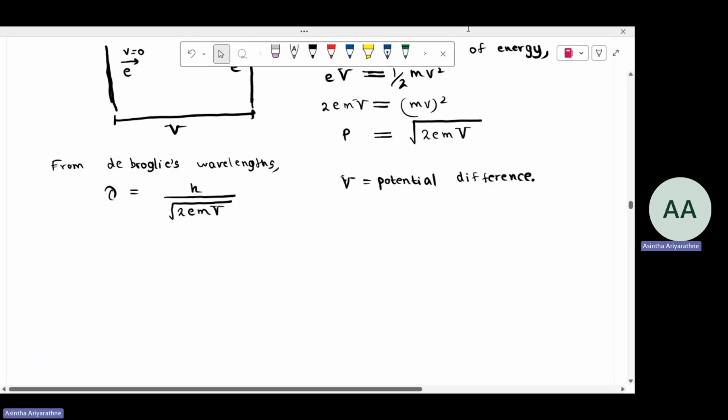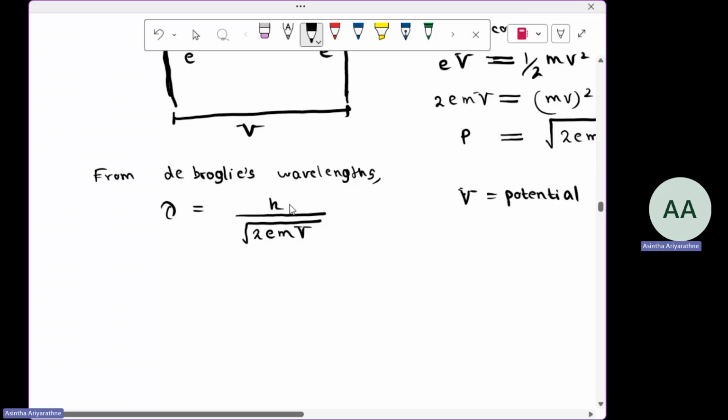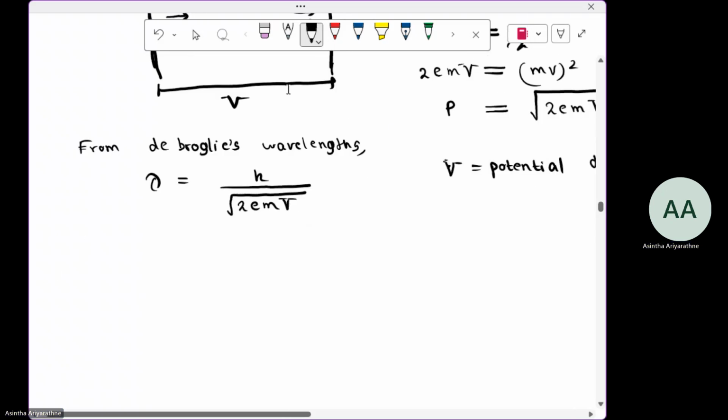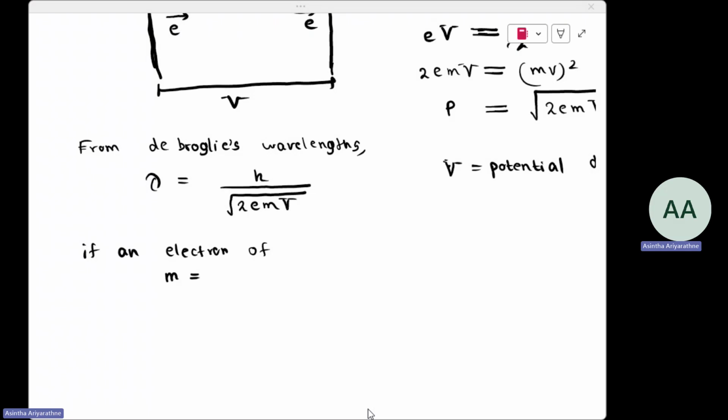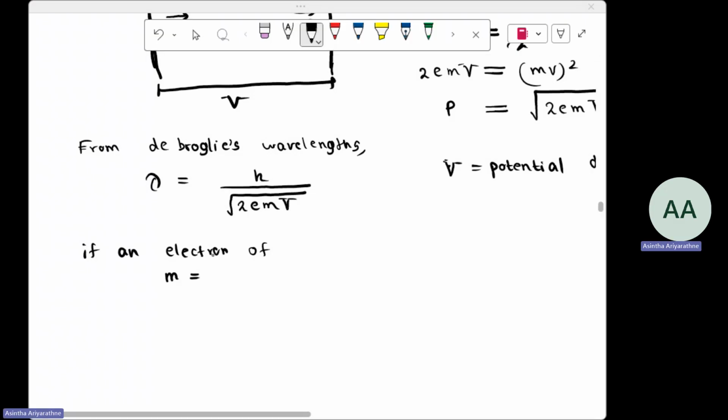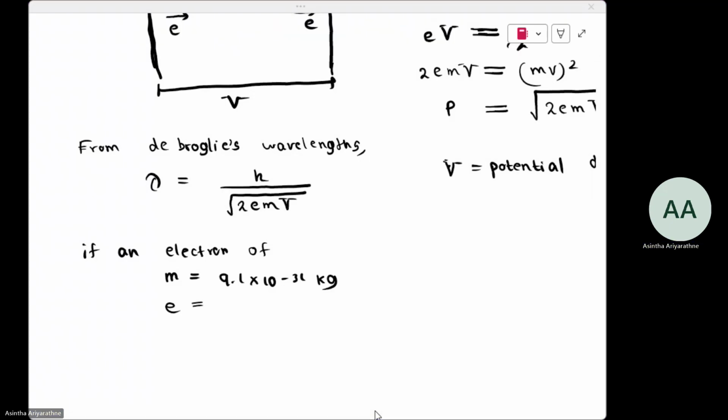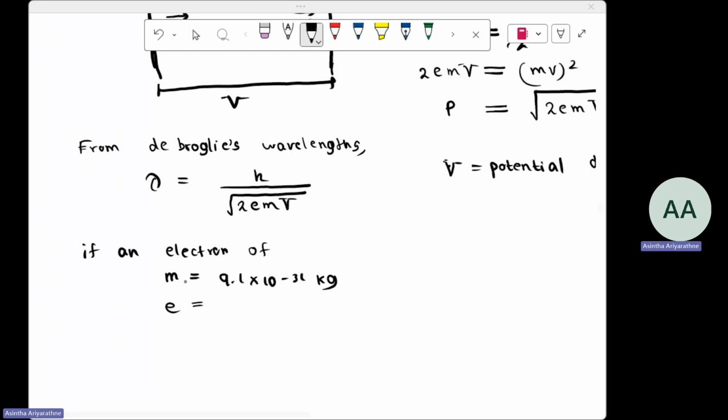Now let's consider an electron. The mass of the electron m is 9.1 times 10 to the power minus 31 kilograms. The charge e is 1.6 times 10 to the power minus 19 coulomb.